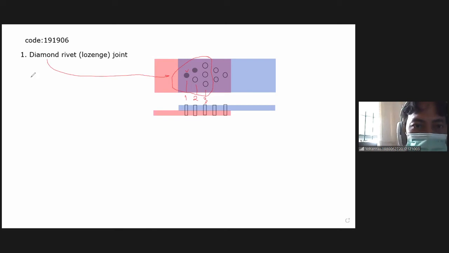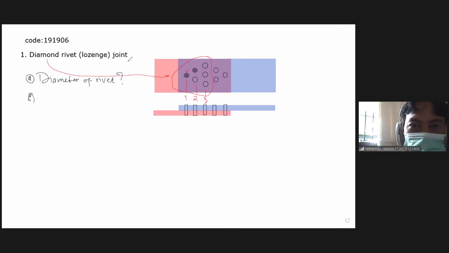So the first question is how to determine the number. The first is the diameter. What is the diameter of the rivet? If the geometry of the plate is given, what should the diameter of a rivet be?